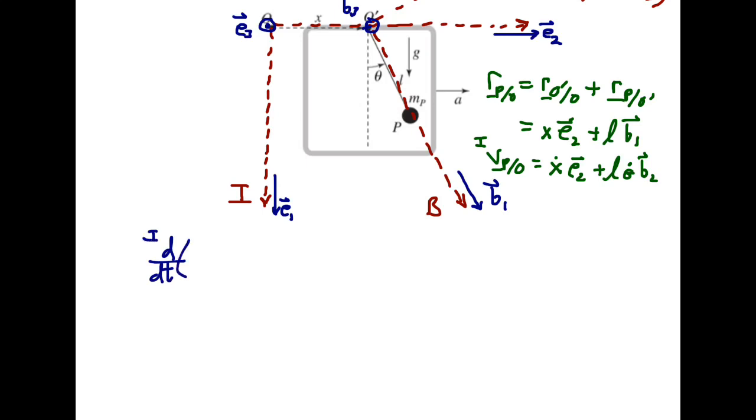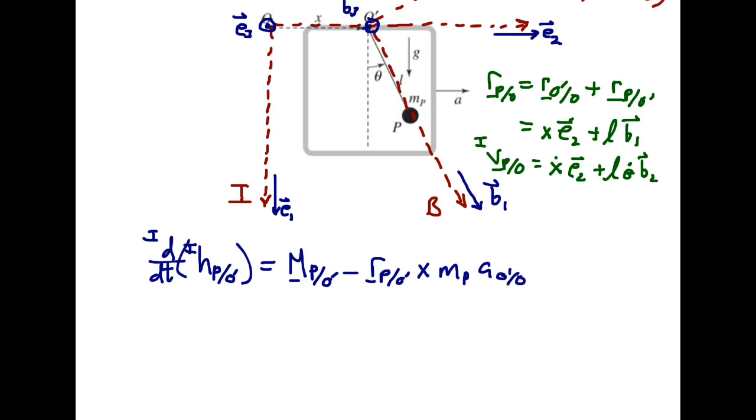Our expression, copied from the other page, is the time derivative of the angular momentum about point O prime this time, and this is equal to the moment of the forces on point P about O prime, minus this inertial moment: R of P with respect to O prime, crossed with the mass of P multiplied times the acceleration of O prime with respect to O.